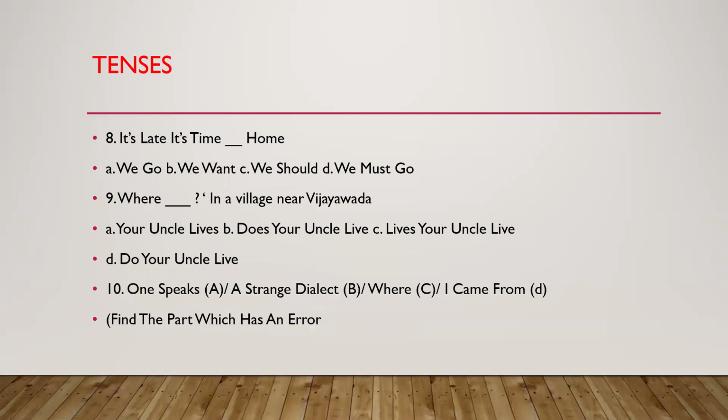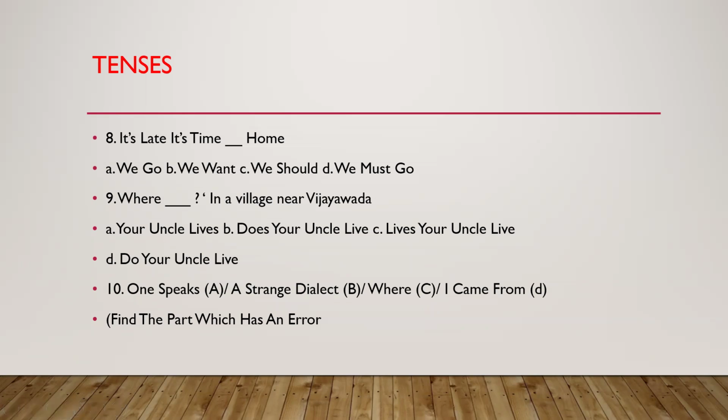Now let's see. It's late. It's time, dash home. Time we go to home. Where dash in a village near. Now, these are the examples. One speaks a strange dialect where I came from.